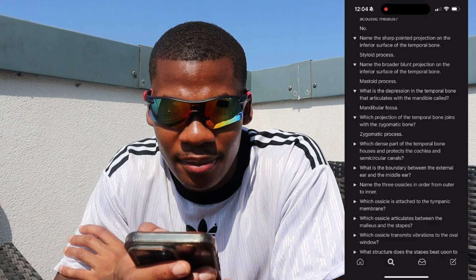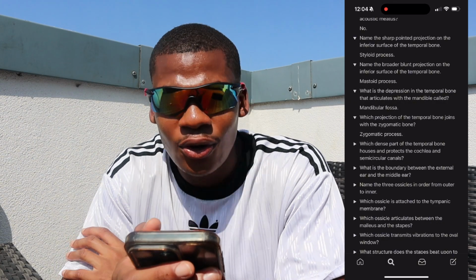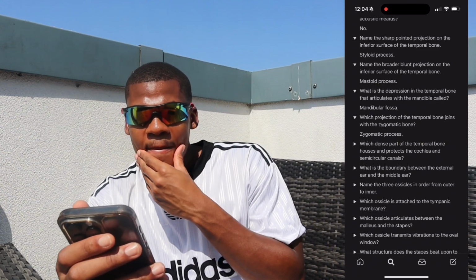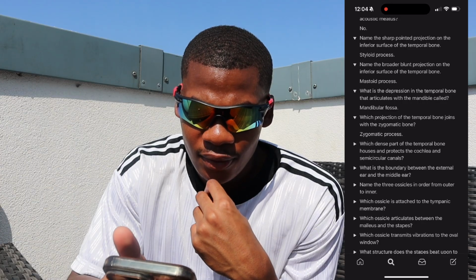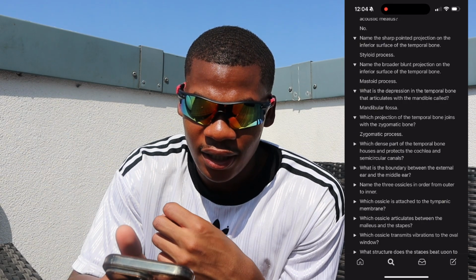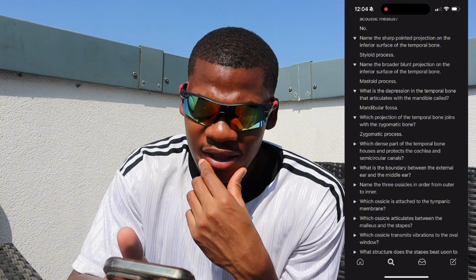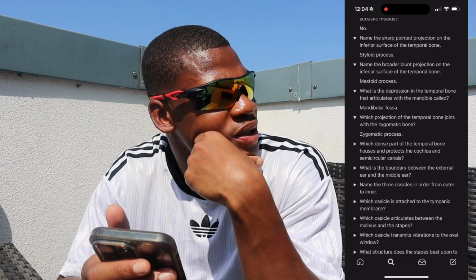Which dense part of the temporal bone houses and protects the cochlear and semicircular canals? That's a good question. Just thinking about the cochlear and semicircular canals, are they middle ear structures or inner ear structures?